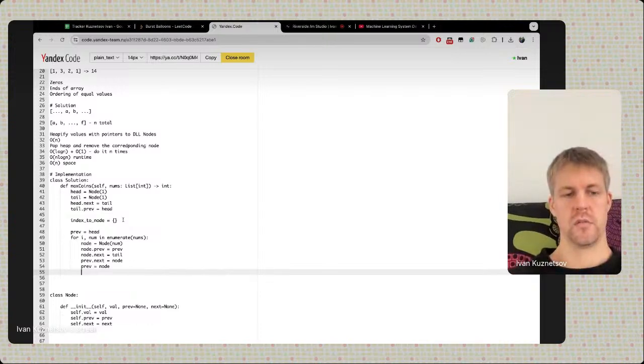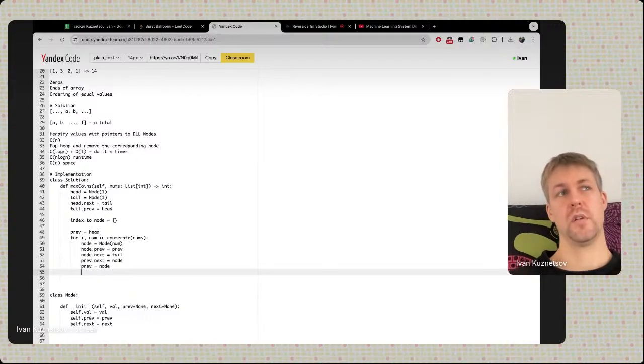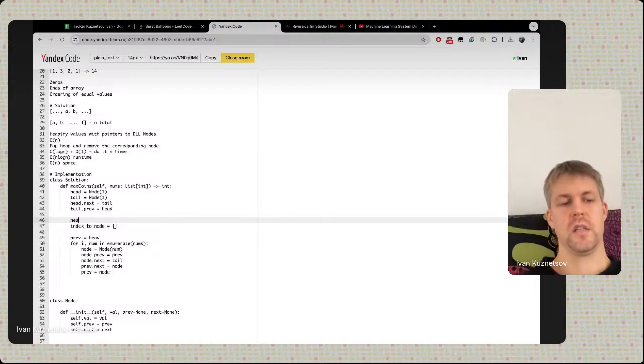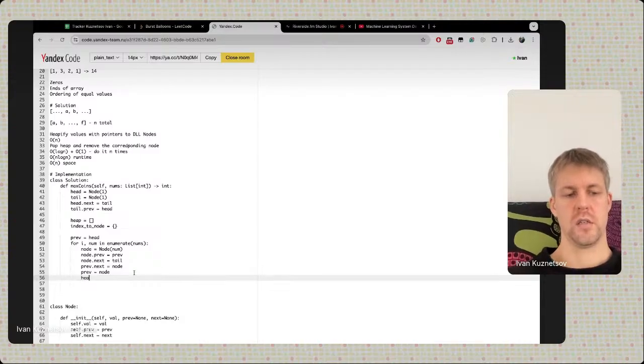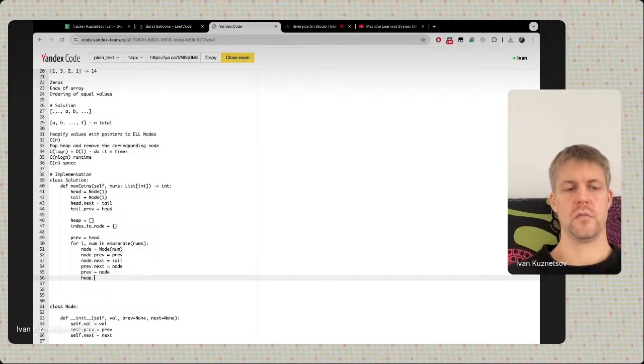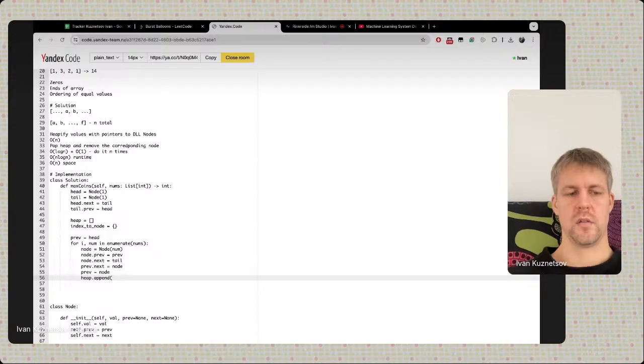We also need to add to the index, or we can do it separately. Let's also create heap, which is a list. I just want to append everything for now, and then I will heapify it in one go. So heap append, what are we appending?